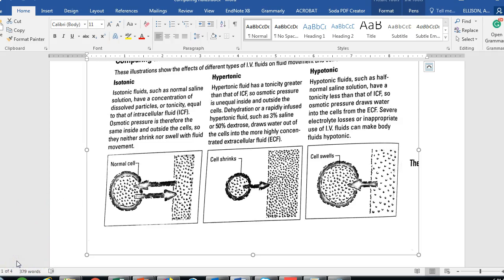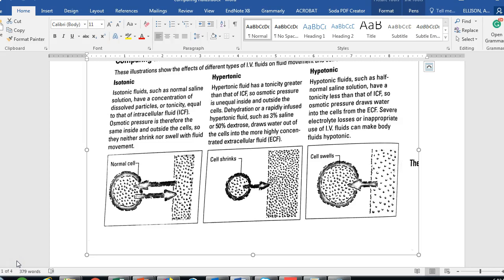So a way to remember that the hypotonic fluid actually makes your cell get bigger is you want to maybe think hippo, because hippos are large. And so hypo and hippo means your cell is swelling.